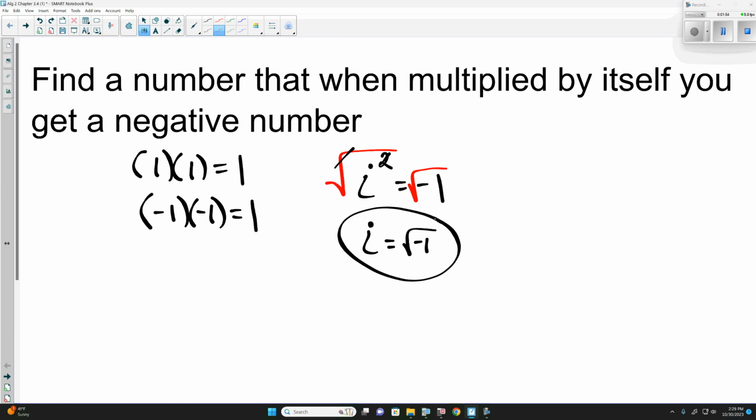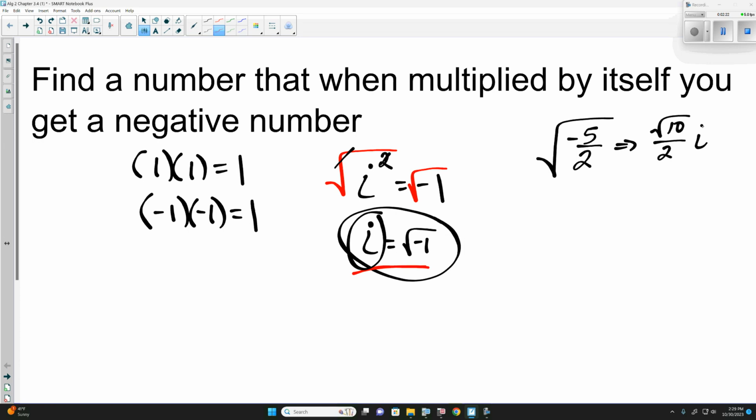And we need this to be able to solve some of the quadratics that had no real solutions. They actually end up having i as part of their answer. Because when we were looking at the square root of negative 5/2, what we end up getting is the square root of 10 over 2 i as the actual answer.